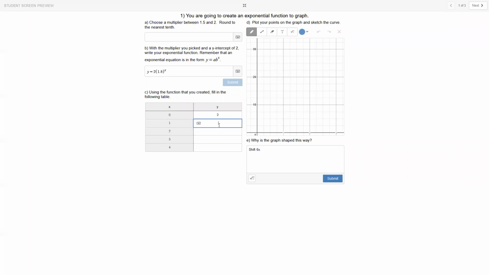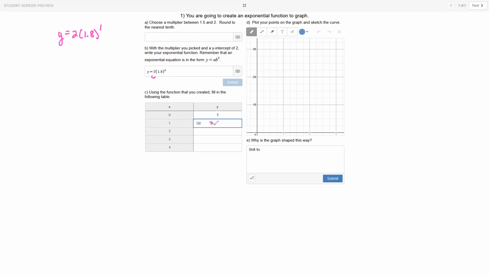What is it going to go through for 1? Well, I have to plug this in a calculator. Hopefully you picked an easier number. And you do need a calculator. If I were to plug this in, I'd get y equals 2 times 1.8 to the first power. So this would be 2 times 1.8, which in my calculator is 3.6.